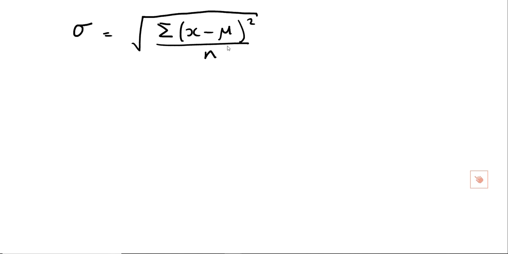So if all the x values are in centimetres, if I square them, they become centimetres squared. So I have to square root them at the end to go back to centimetres to have my standard deviation in centimetres. Did anyone remember what it was called before you square rooted it? So that's the standard deviation.